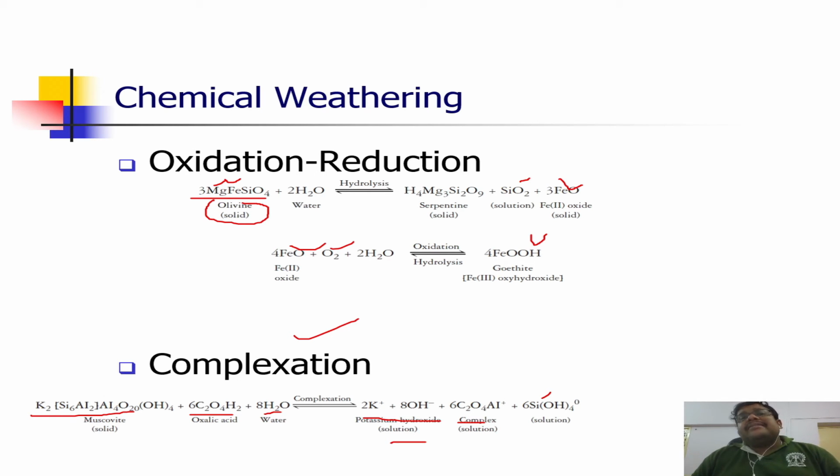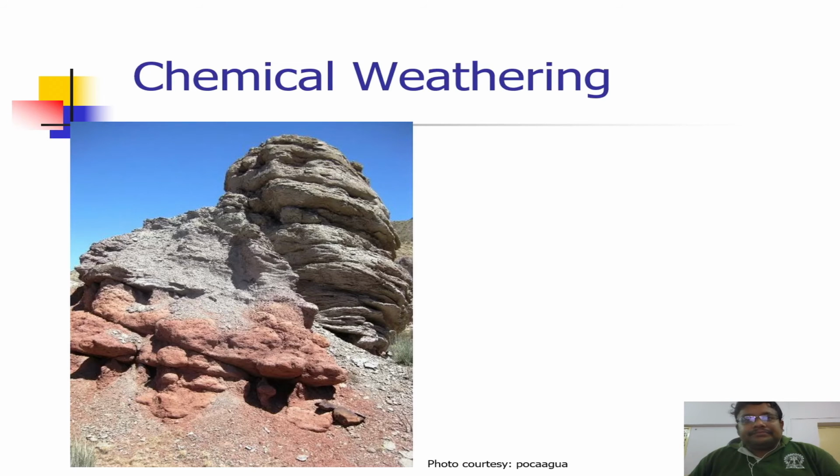So these are the important processes of chemical weathering, and one thing you can clearly identify is that in physical weathering there is no change in chemical composition, whereas in chemical weathering or decomposition there is a holistic change of chemical structure.